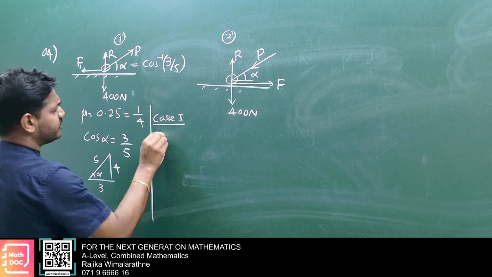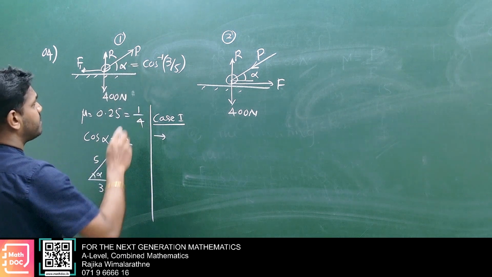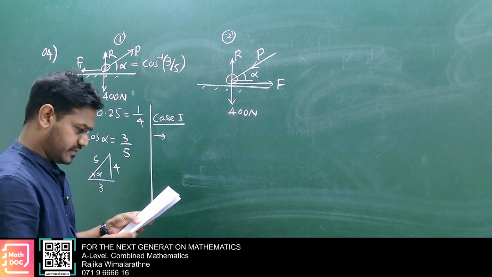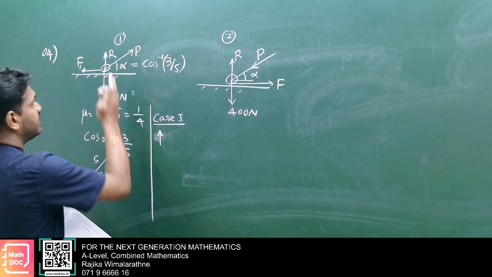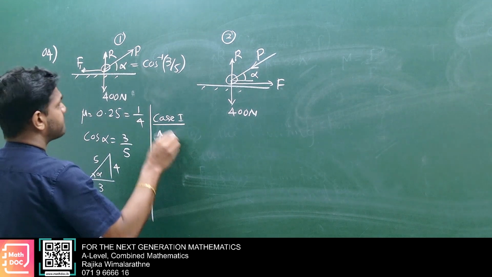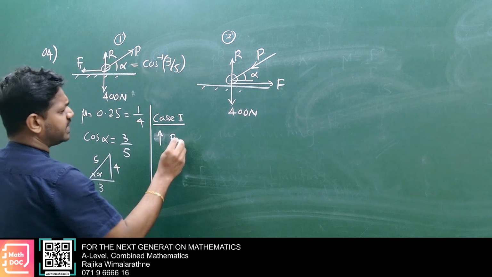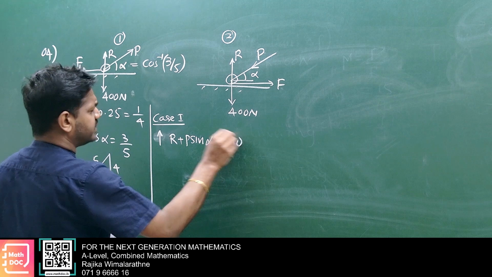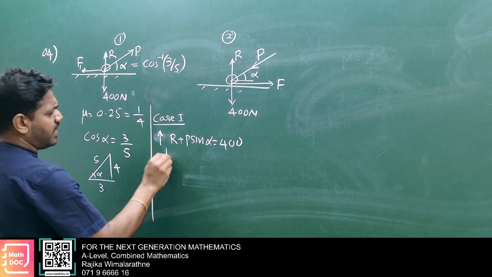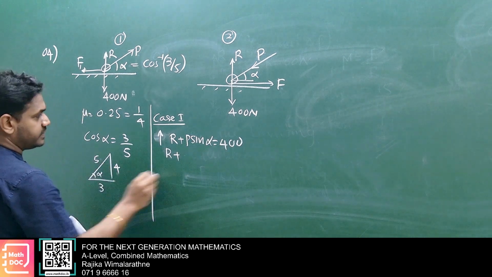Case 1. Consider vertical force: R plus P sin alpha equals 400, with sin alpha 4/5.